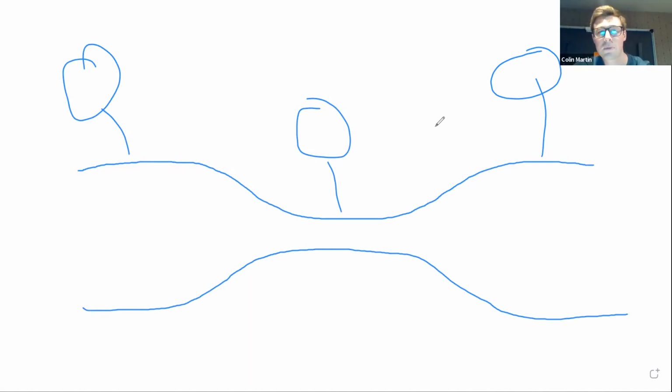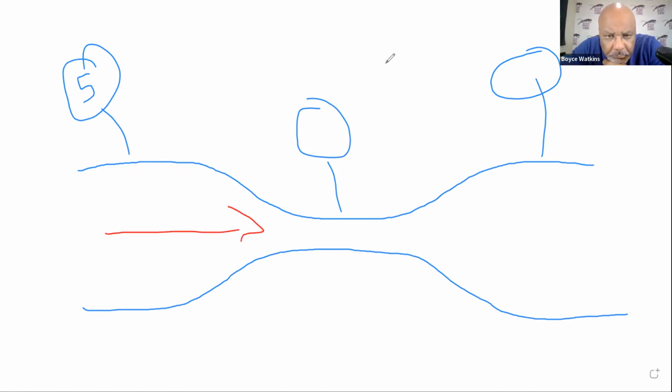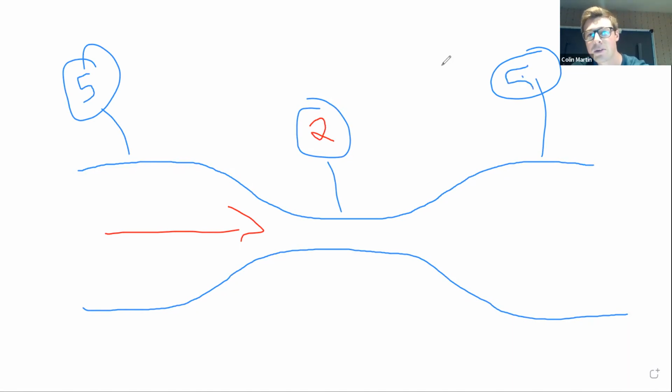Okay, yeah, so you had it right. Say we had a pressure of 5 here, and then the air goes through and speeds up in this venturi, and the pressure would be lower. So let's write 2 there. And when it exits, it'd be 5 again. So that's right: when air speeds up, we get a lower pressure.